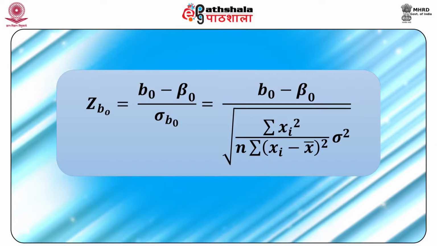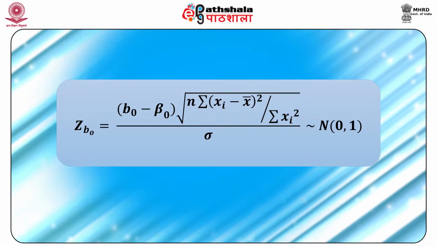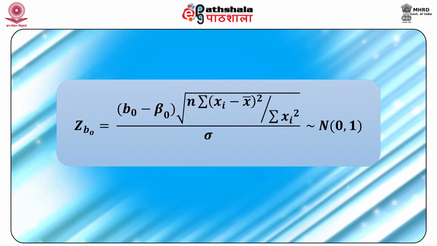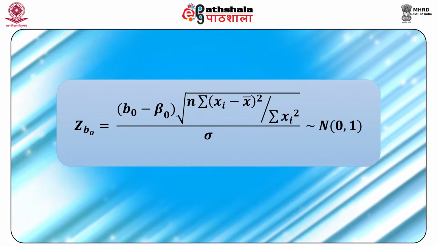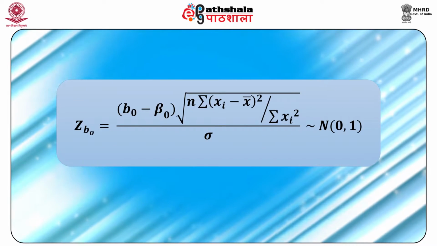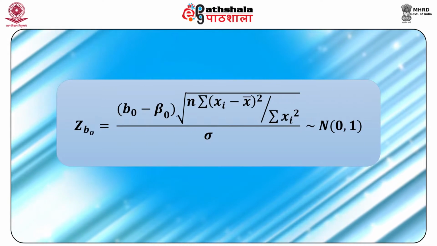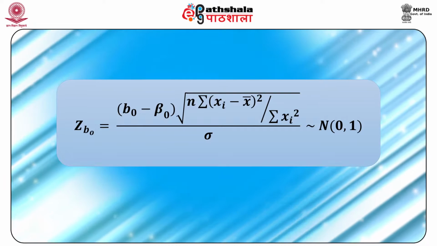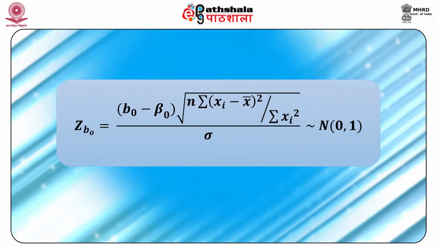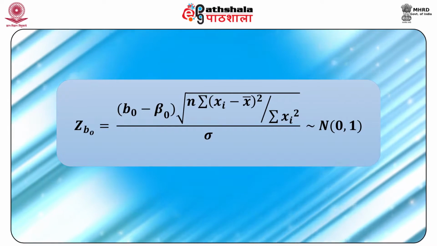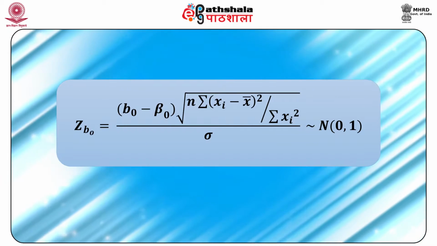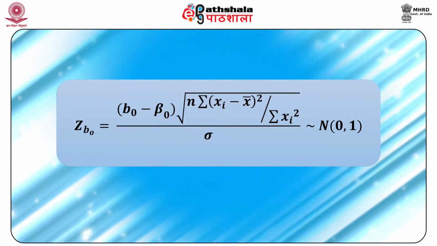And this is equal to zb0 equal to b0 minus beta 0 into under root of n sigma xi minus x bar square divided by sigma xi square, and whole divided by sigma. This is distributed normally with mean 0 and variance 1.